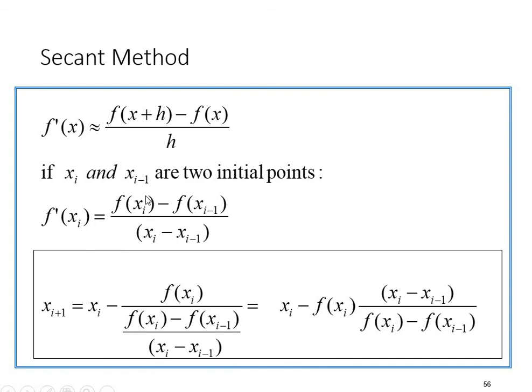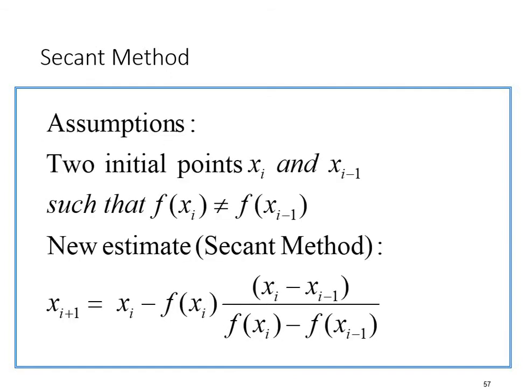If you substitute this f prime of x_i into your Newton-Raphson method, you will satisfy yourself that you get this formula, and this formula is your second method. It has two assumptions.